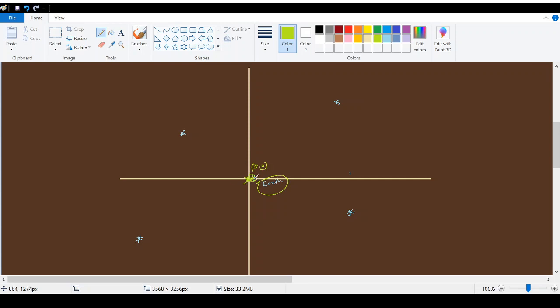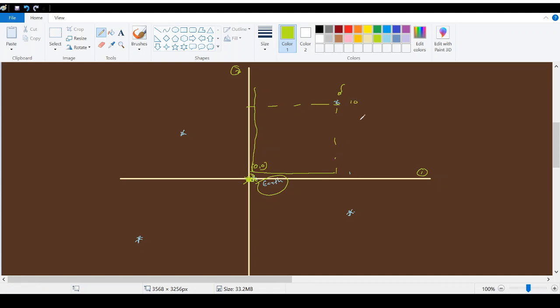Okay, so now according to this defined origin, we can measure the distance along this axis. Now if we need to give the position of this one, we can measure the distance along this axis, let's name it axis number 1, and we can measure the distance along this axis, which is number 2.